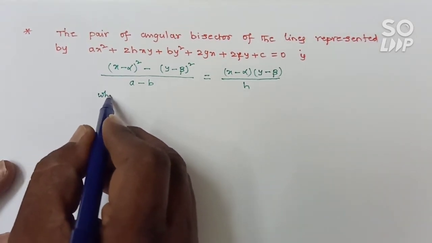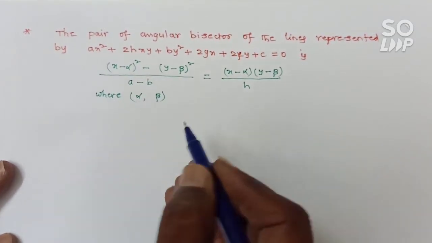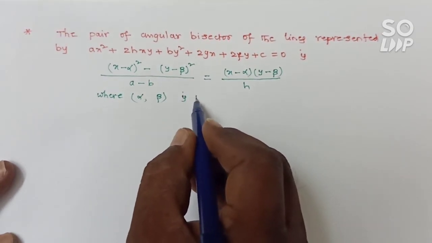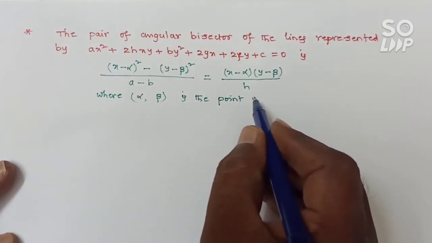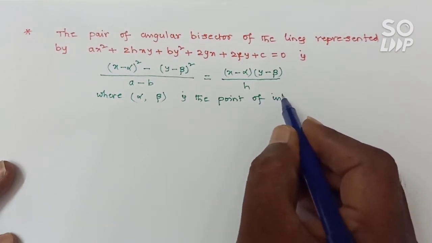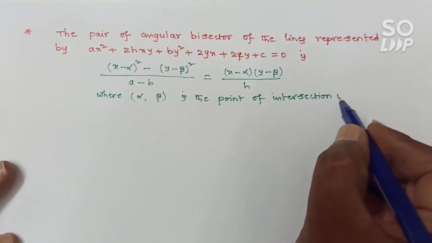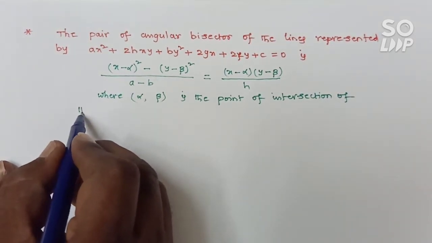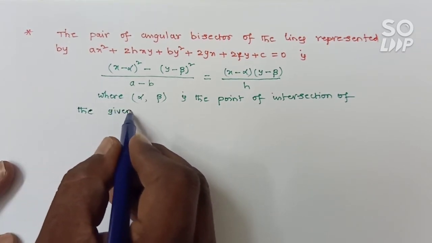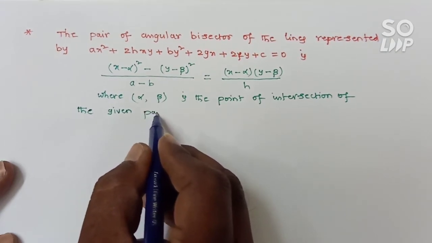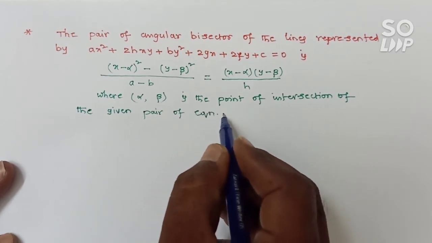Where alpha comma beta is the point of intersection of the given pair of lines, the given pair of equations, right? So this is very important.